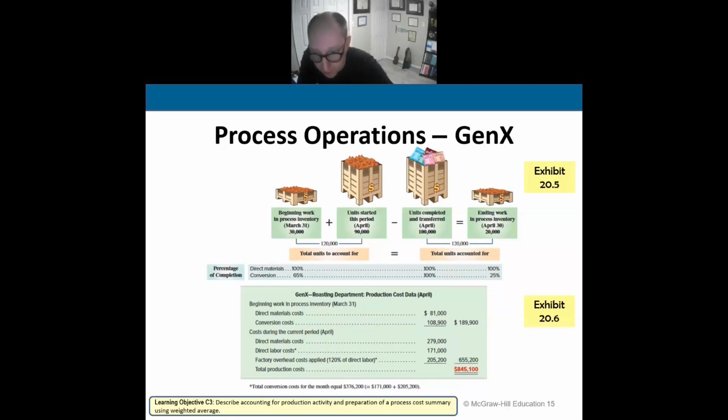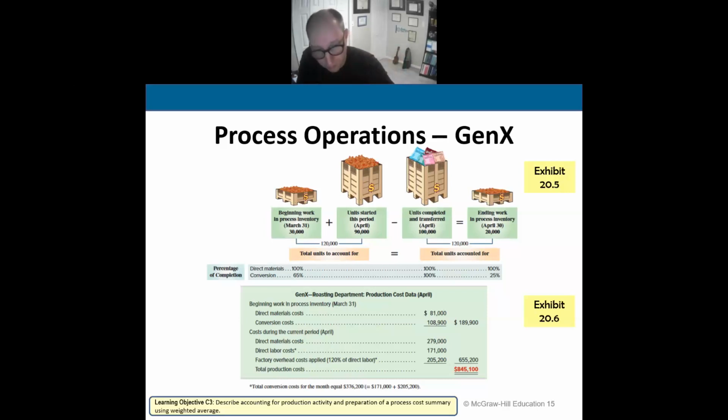That's how I find, of 120,000 units, 65% of 120,000 units, 108,900. So I add my direct materials cost plus my conversion cost to get 189,900.